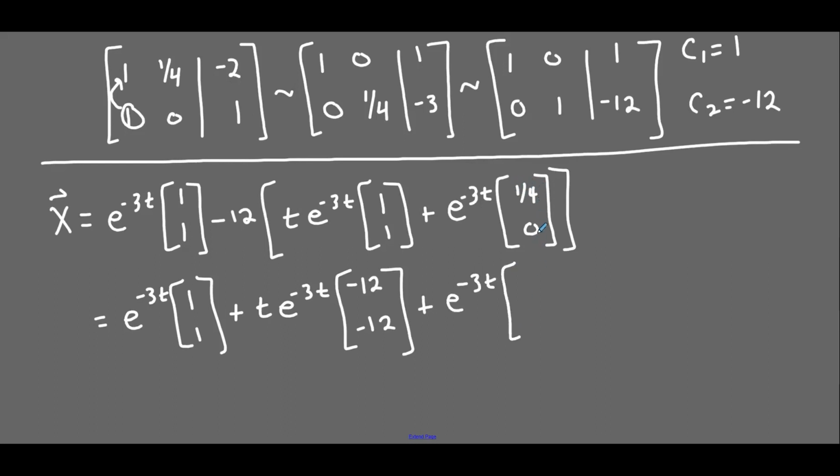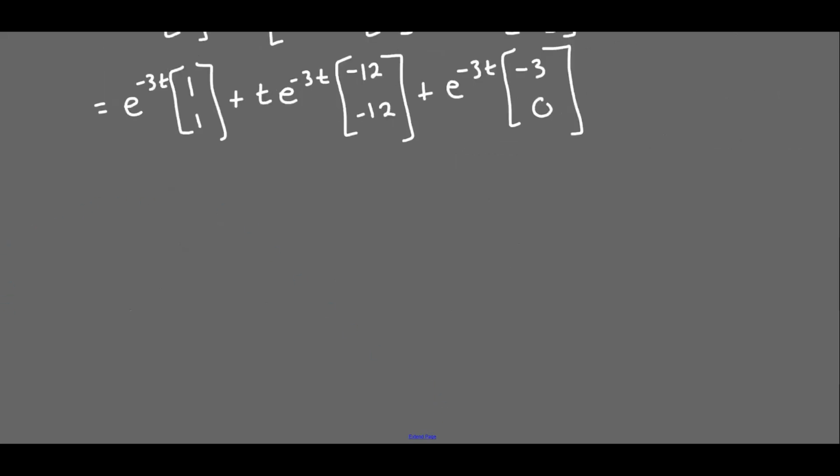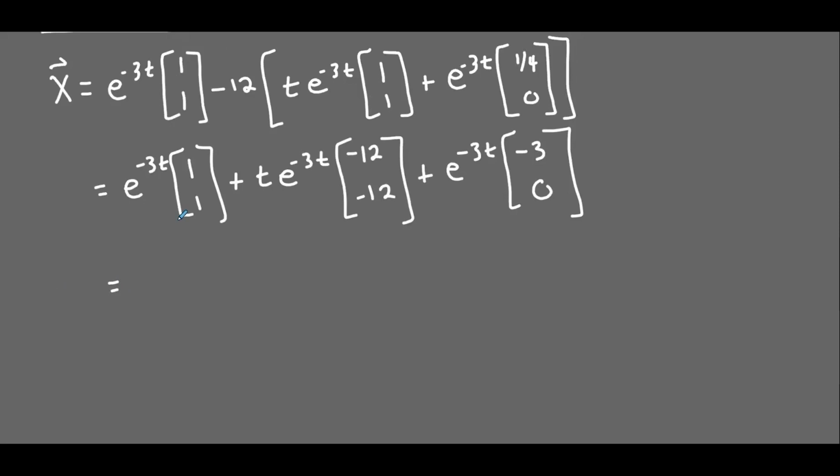So negative 12 times 1/4, that would be negative 3, and then 0. Right, and then we could say factor out the e to the negative 3t and then add the rest, right? So I've got negative 12t, then I've got 1 minus 3, that'd be negative 2. And then the second one, I've got negative 12t, and then I got 1 plus 0. So just be plus 1. So that looks a lot better there, right?